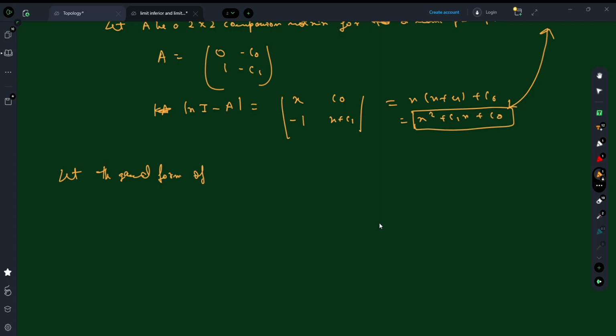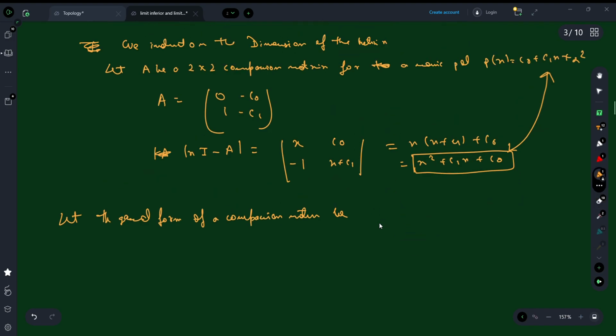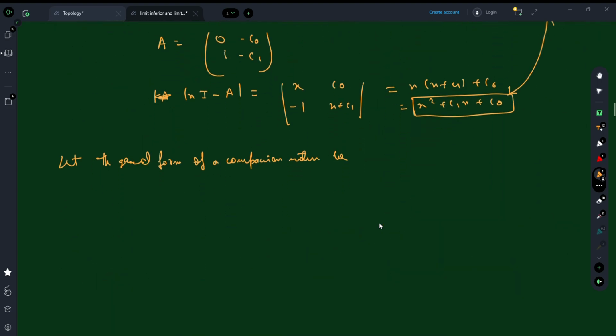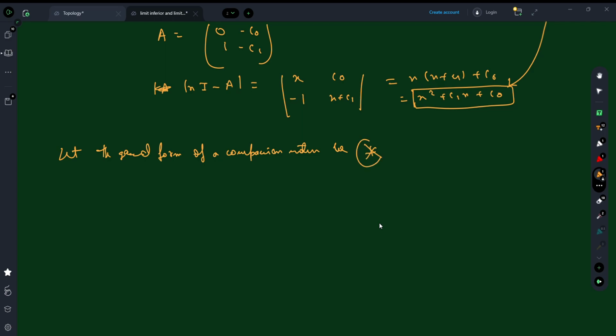Let the general form of a companion matrix we had got during the study of our observation be denoted as star.